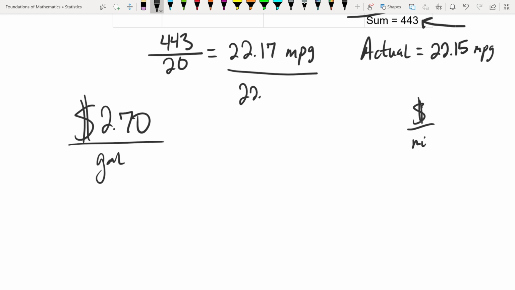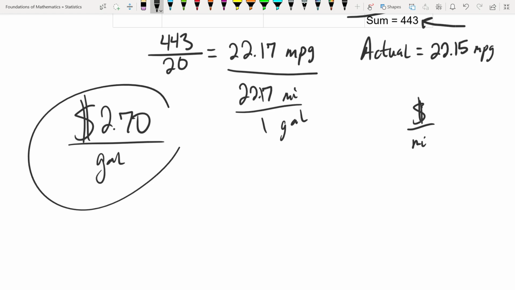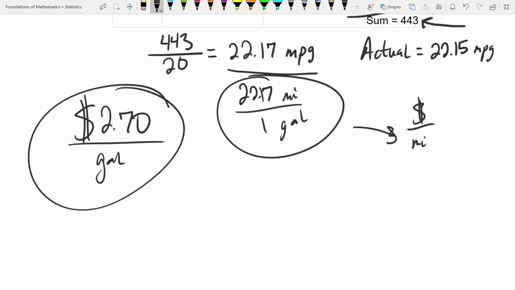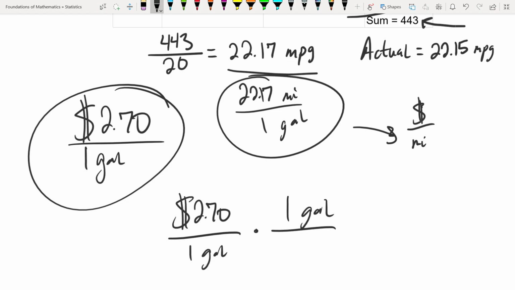And we have 22.17 miles per 1 gallon. Well, we have two unity fractions here. And we want dollars on top. We're going to go 270 over 1 gallon. So this is 1 gallon. Times 1 gallon over 22.17 miles.